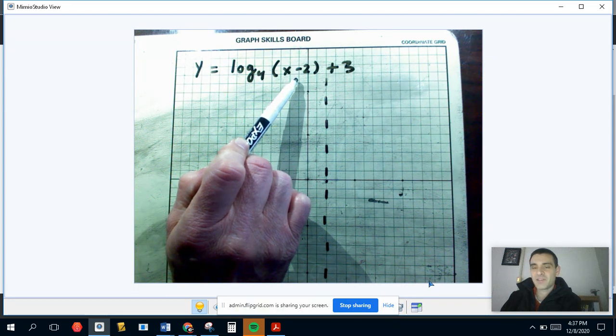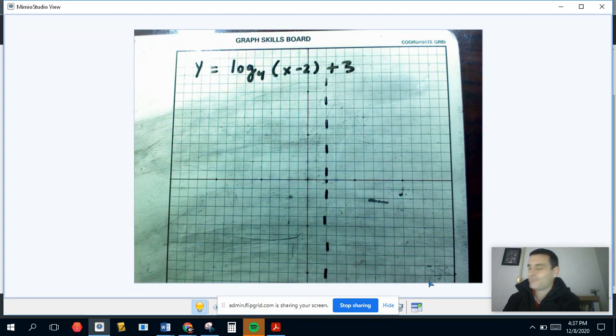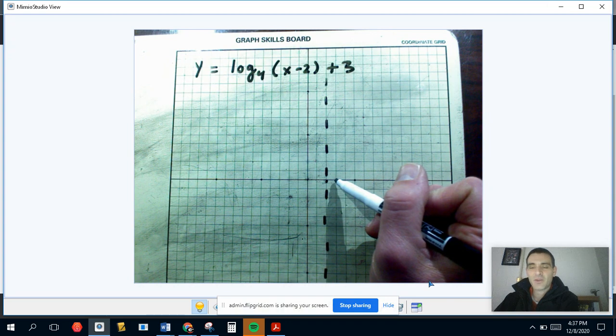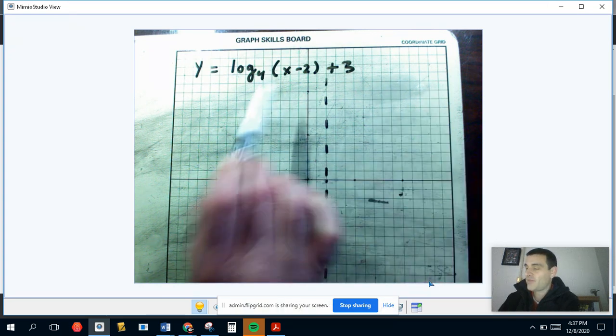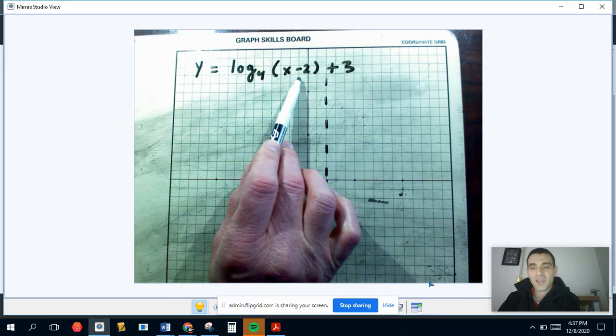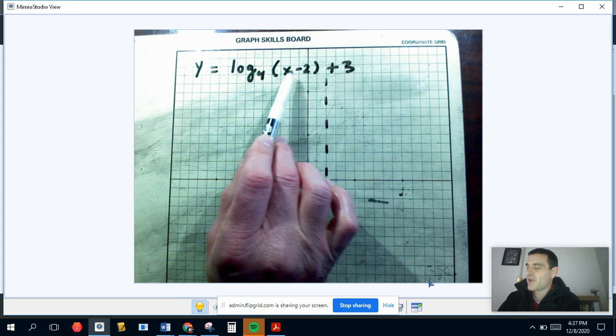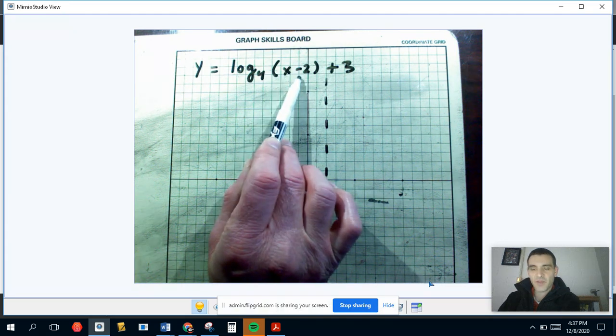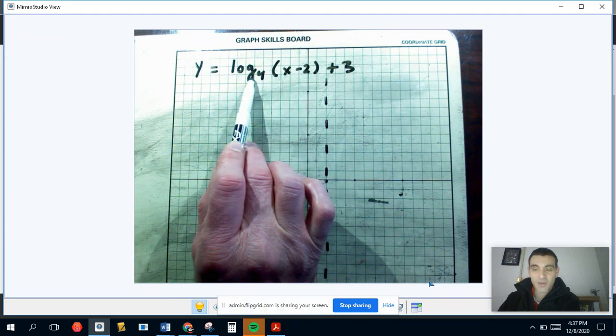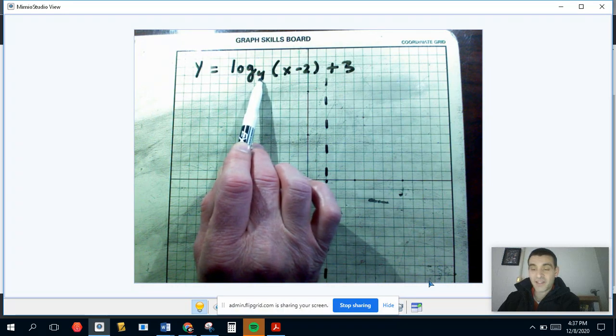My next step is going to be to go 1 to the right. So from 2 to 3. And the reason we do that is if I make x a 3 right here, you're making the value of the parenthesis 1. And if you ever have a 1 in this position with a log, the value of the log is always 0. 4 raised to what power makes 1?